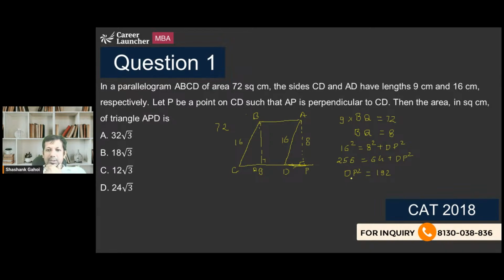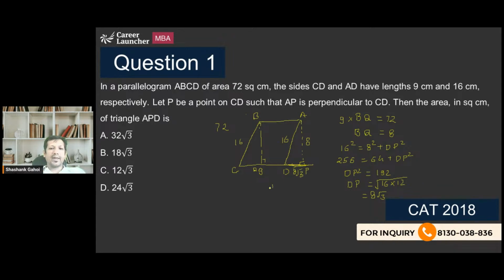So DP is the square root of 16 into 12, so that is going to be 8 root 3. So I got this length as 8 root 3.